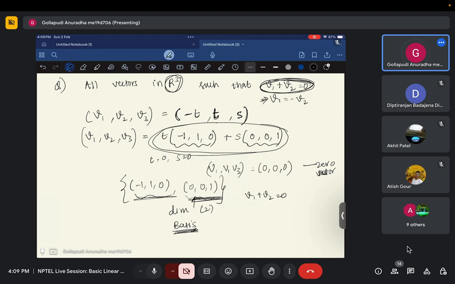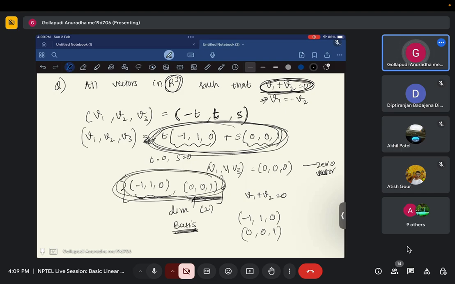Like for example, here I am saying this as basis. So with the linear combination of this thing and this thing, I can get any vector which will satisfy this constraint. But by doing any operation, I cannot get this thing alone. Like this thing I cannot get in any way. I hope you went through the video lectures.